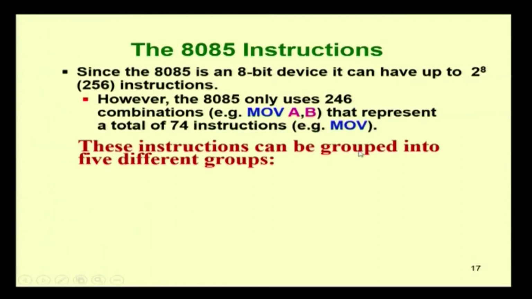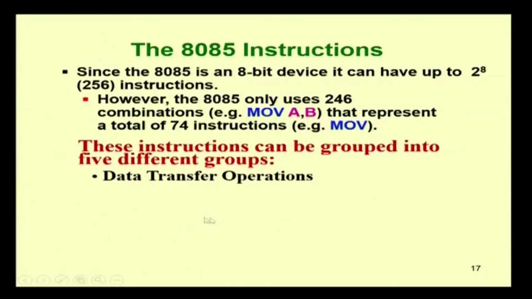Although there are 246 instructions, you should not be afraid about how to study 246 instructions. It is very easy to study, because they can be grouped into very small groups.